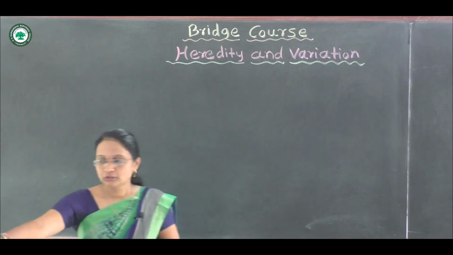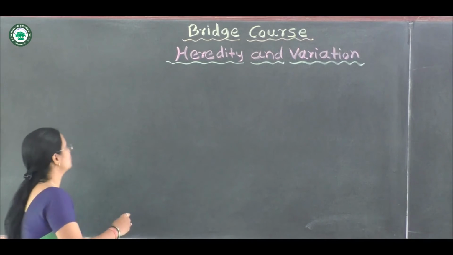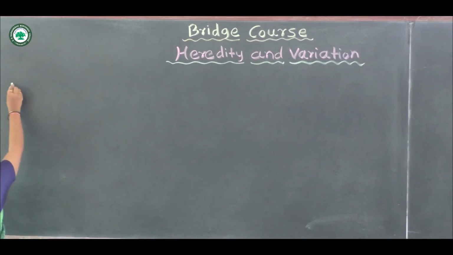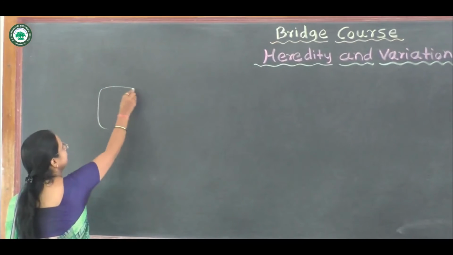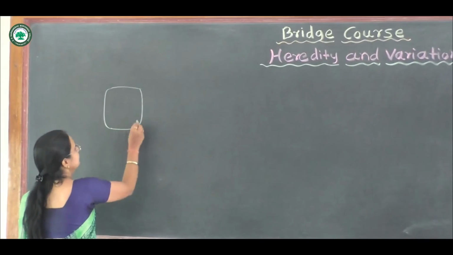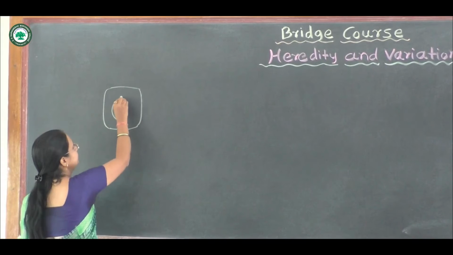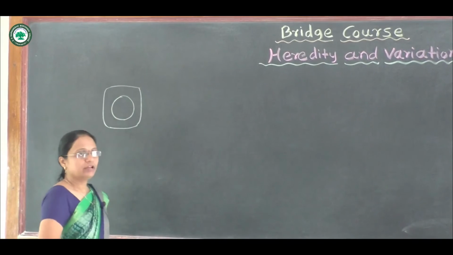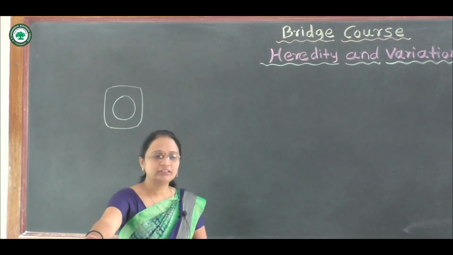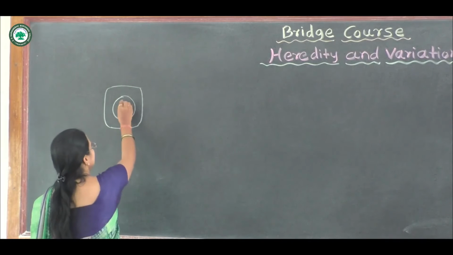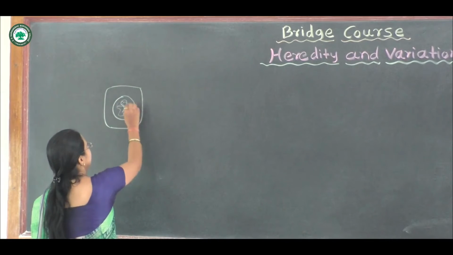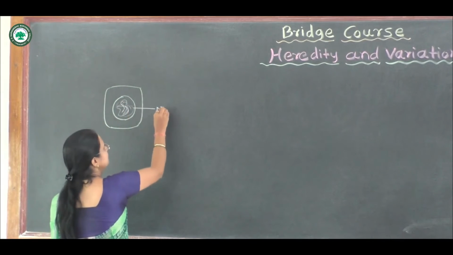Let's see here the structure of the nucleus. Inside the cell, the central position carries the nucleus, and in this nucleus the chromatin material is randomly distributed.